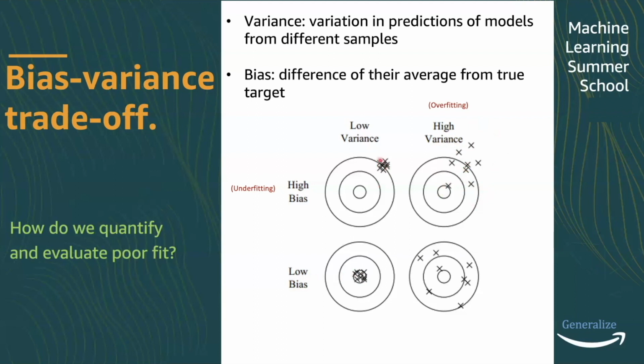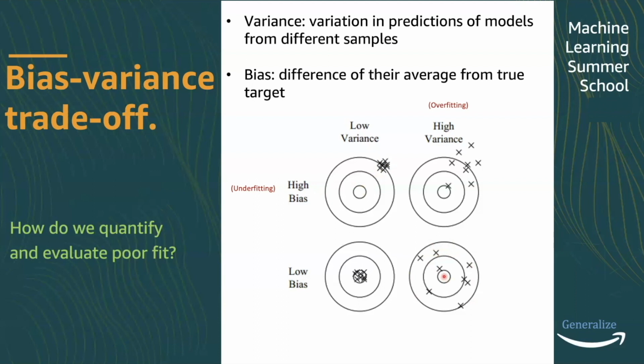You have low variance, they're all tightly together, but it's got a high bias. You're far from the truth. And the other case, of course, is you have very high variance but low bias, which is to say they're all spread out, but they're spread out around the true value.